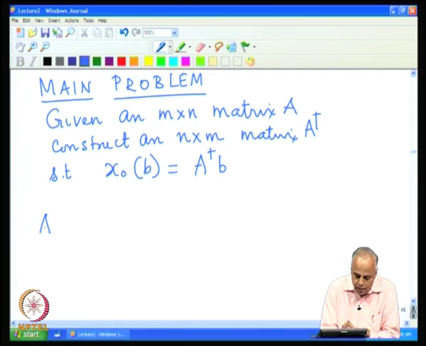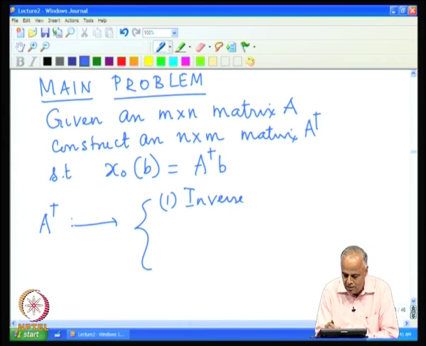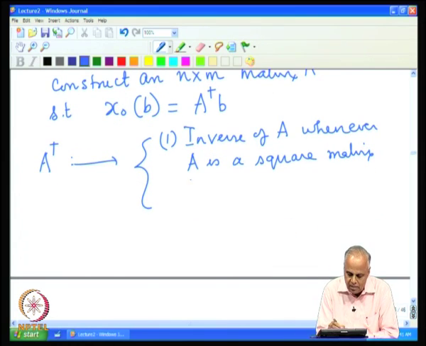This A dagger leads us to several things. One, the inverse of A whenever A is a square matrix and has an inverse.